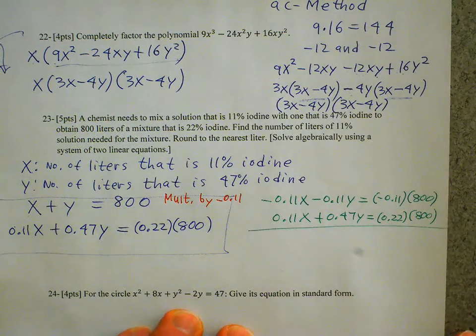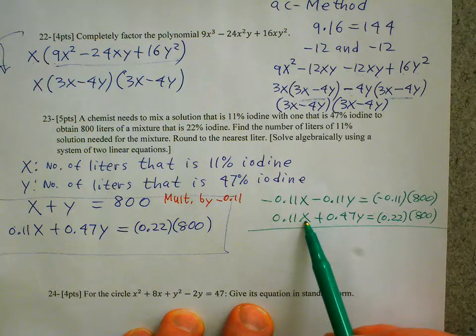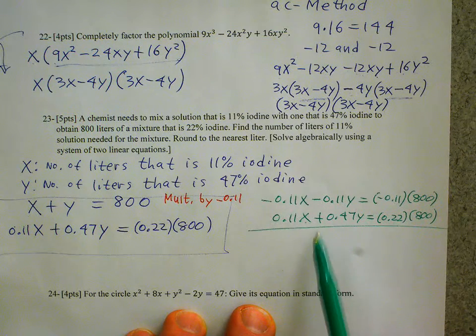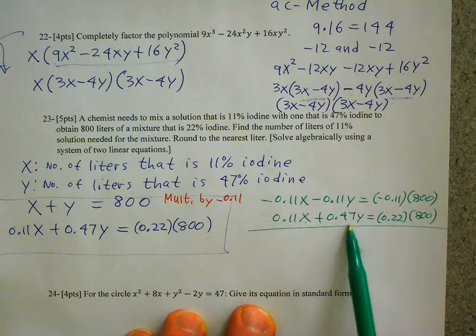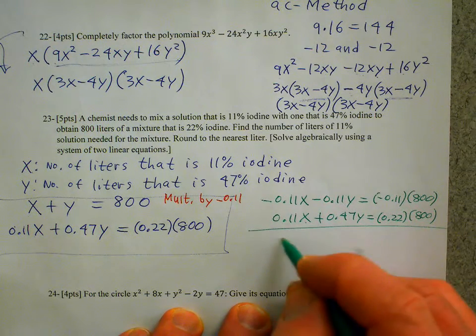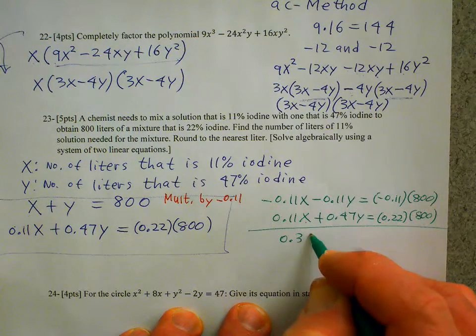When we add these two equations, the x variable eliminates. Negative 0.11y plus 0.47y is positive 0.36y.